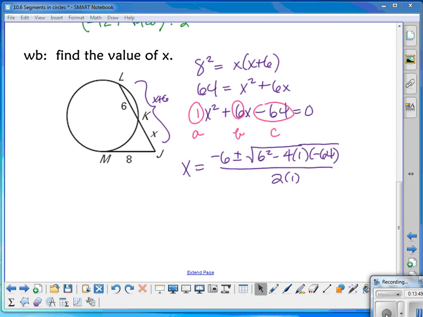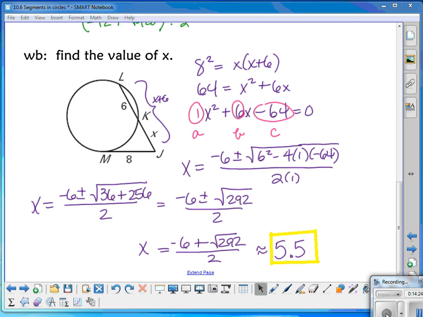Okay, so when you set it up, you'd have x squared equals x times x plus 6. And so you end up with x squared plus 6x minus 64 equals 0. So a is 1, b is 6, and c is negative 64. And so when you plug it into the quadratic formula, you should have gotten x equals negative 6 plus or minus the square root of 6 squared minus 4 times 1 times negative 64 all over 2 times 1.